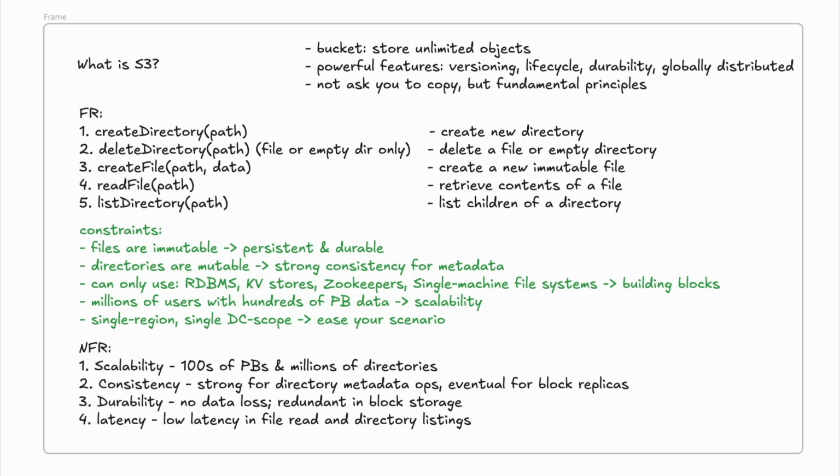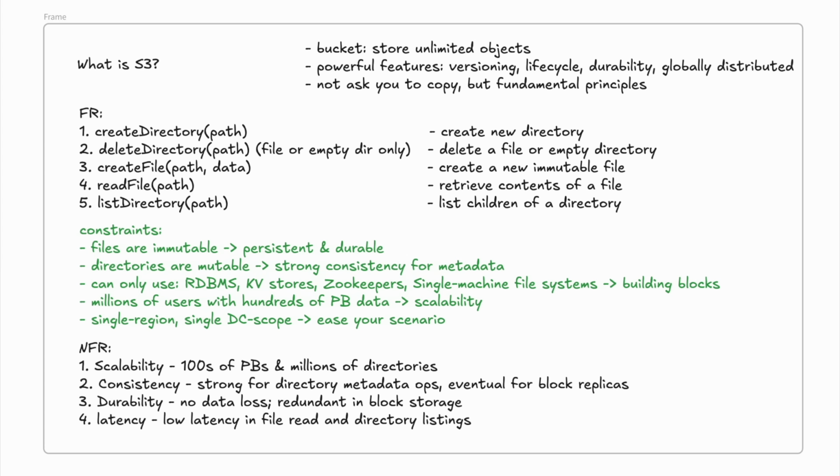Common pitfalls during your interview. Before we wrap, here are a few mistakes to avoid. Don't say "like S3" without explaining how you'd build it from scratch. Don't ignore immutability. You can't just update files whenever you want. Don't confuse files and directories. They have different semantics and life cycles.